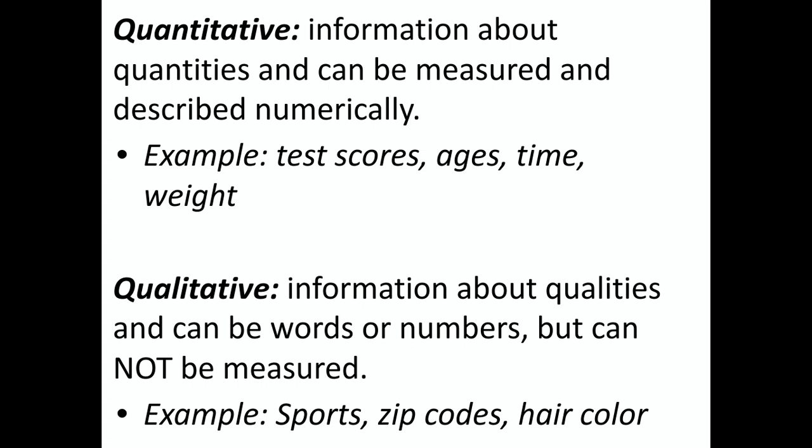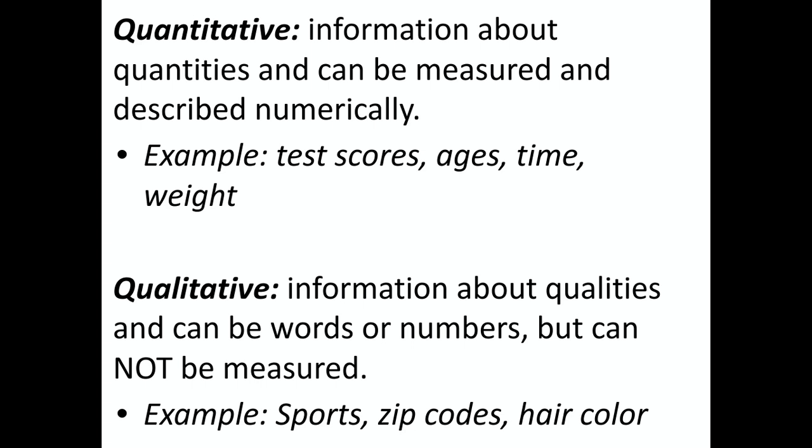Qualitative, think about qualities of people, right? Qualities would be, what sports do you play? Now this is kind of a tricky one here: zip code. Yes, it's a number, but it can't be measured, right? So don't get in the habit of thinking that if it's a number, it's automatically quantitative.